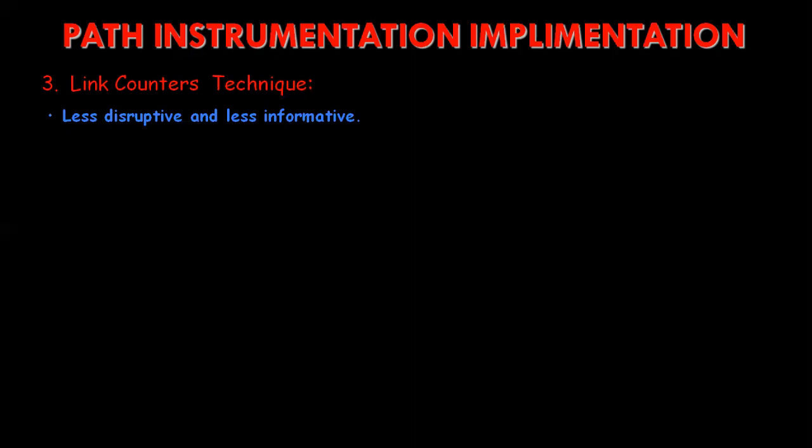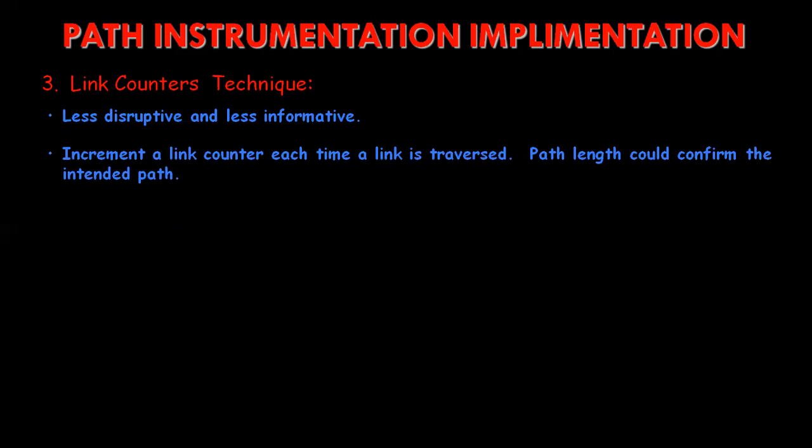Here, instead of a unique link name being pushed into the string when the link is being traversed, we simply increment the counter. And we now confirm that the path length is as expected, and the same problem that leads us to the double link marker also leads us to the double link counters.